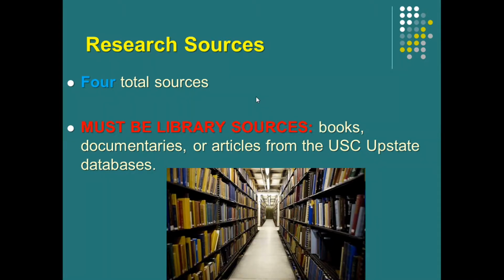But no just Google searches and then picking different articles that you found on Google. You can't do that. If you want to use the internet, which most people do, you have to go through the USC Upstate databases. And we've already had our session where the librarian showed us how to do that, reminded us of it, so you should all know how to do that.